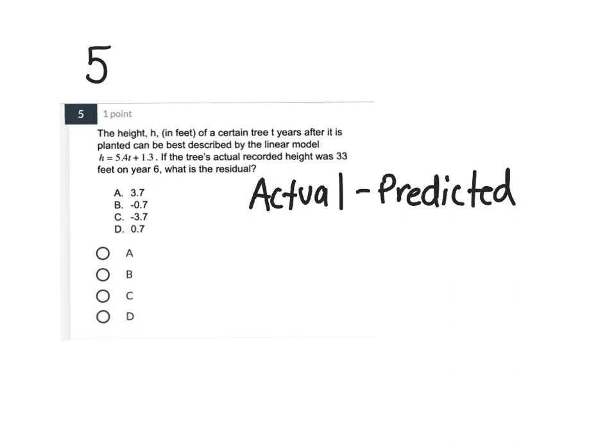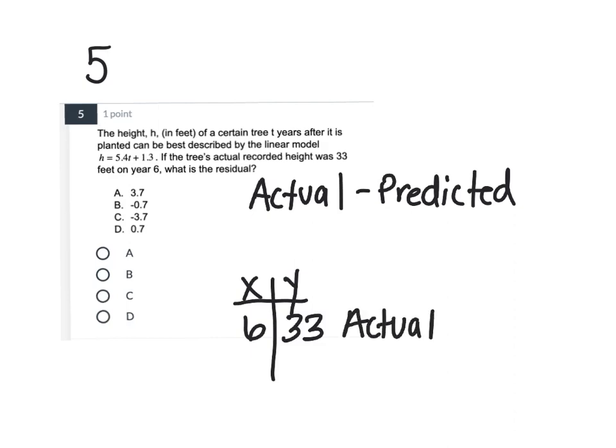So I'm going to make a table. The tree was recorded to have a height of 33 after 6 years, so 6 and 33. That was your actual. What we're trying to find now is the predicted. How do I find the predicted? Well, I find the predicted by plugging my 6 into my equation.